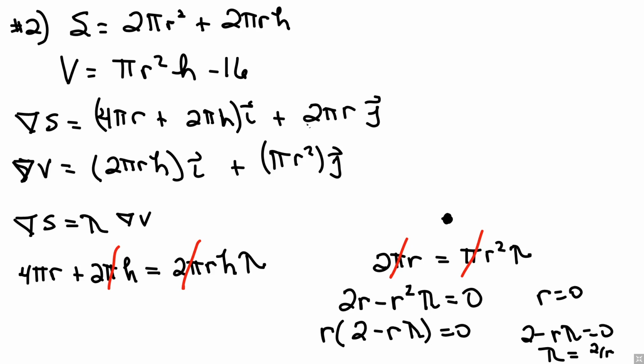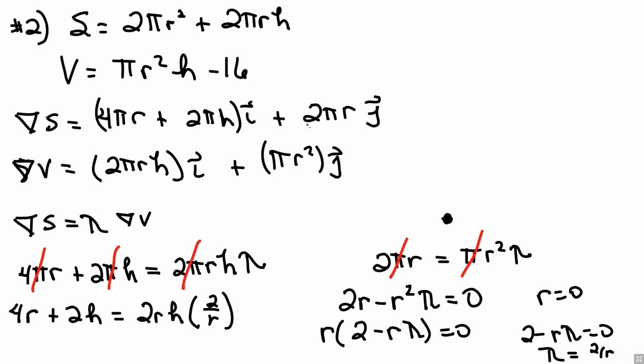See, these are going to cancel. So I'm going to end up with 4r plus 2h is equal to 2rh, and in place of lambda, I'm going to put 2 over r.